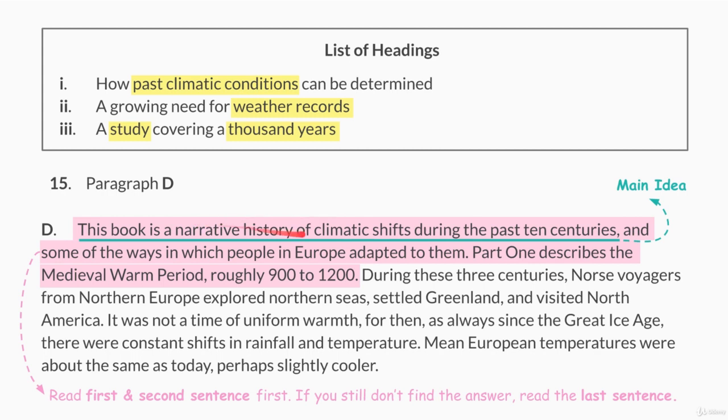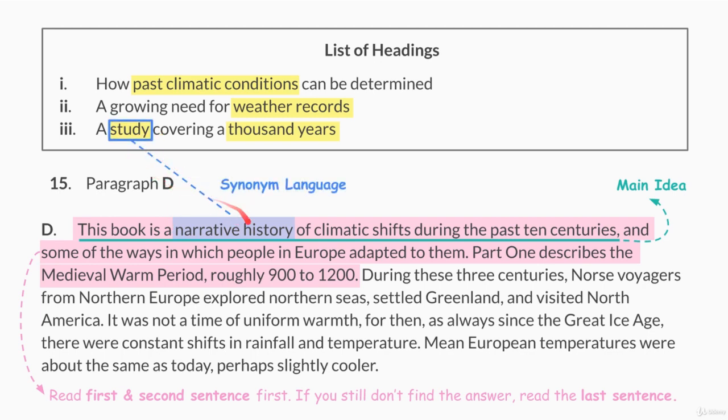Now take a look over here. It says narrative history. Narrative history. What is that synonym language for? Take a look at the answer choices here. What is this term synonym language for? Can you guess? If you guessed study, then you are correct. This is synonym language for study.